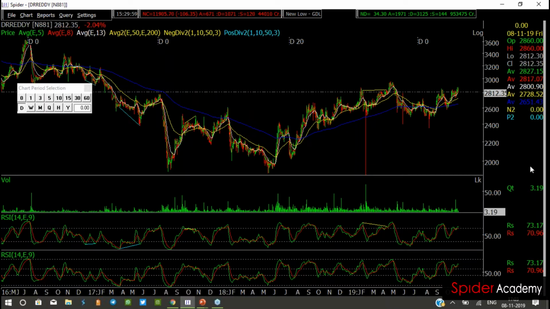Now, these are certain features by Spider. How do you make your own divergences? A positive divergence is made by connecting the bottoms of the price. So you connect the lows of your prices and the lows of your indicator, and you make a positive divergence.